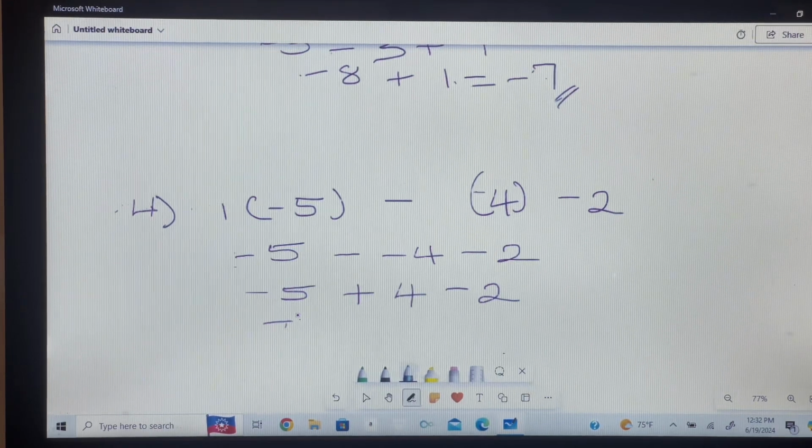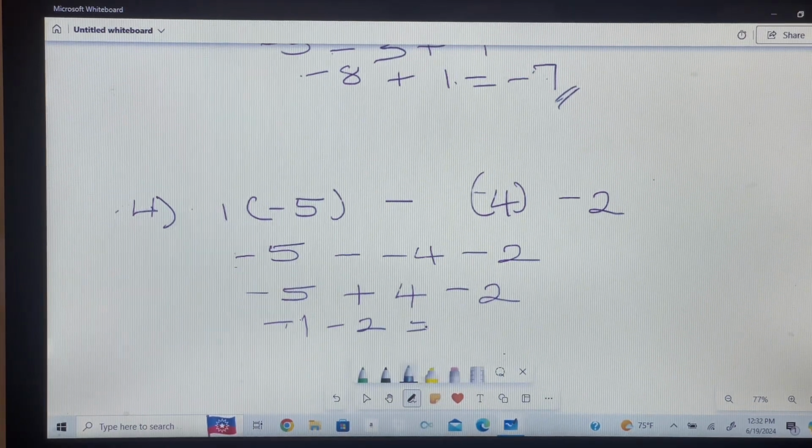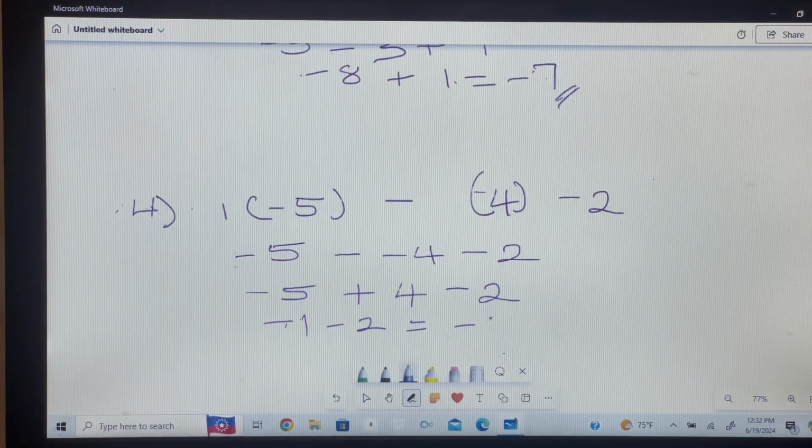So 5 minus 4 is what? 1. So it's negative 1. Then you bring down the negative 2. Here we apply the first rule, since they have the same signs: you keep the sign and add the two numbers. 1 plus 2 is 3. So the answer is negative 3.